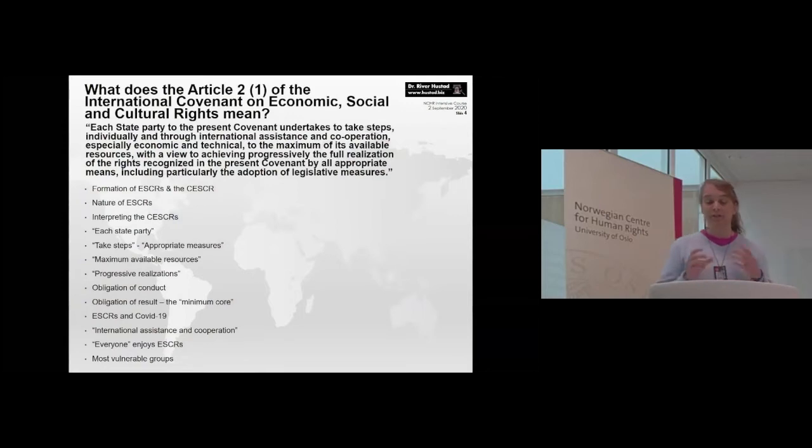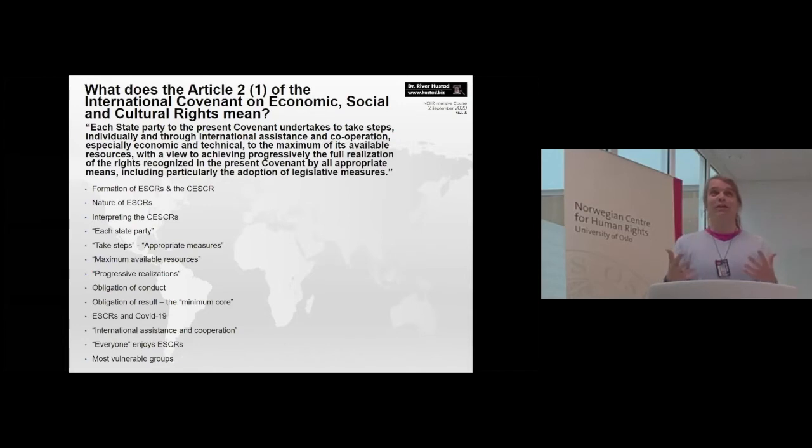So this entire presentation is going to focus on this single paragraph in the Covenant on Economic, Social, and Cultural Rights, Article 2.1, and I'm going to break it down into specific phrases. I'll just read it and you'll get an idea of, boy, what does that mean?